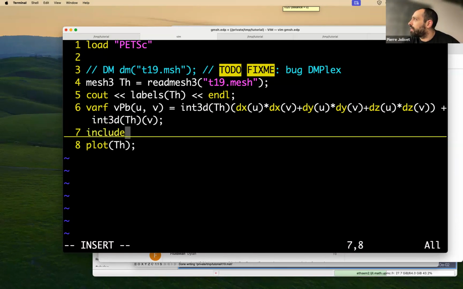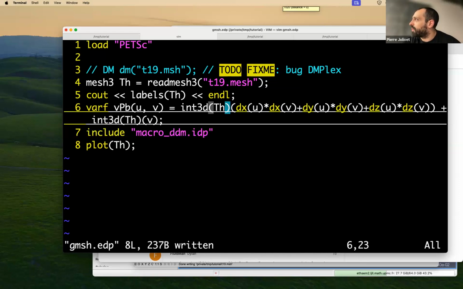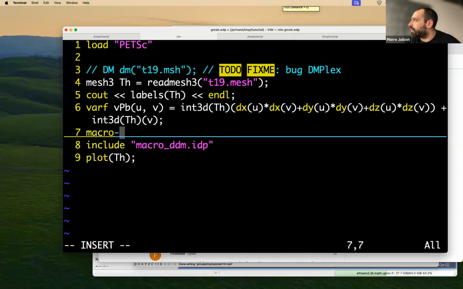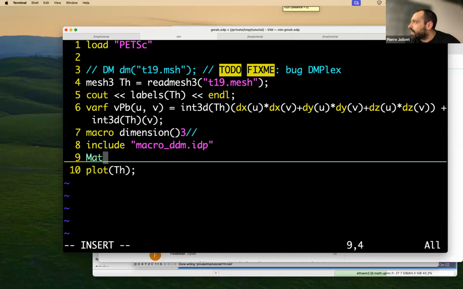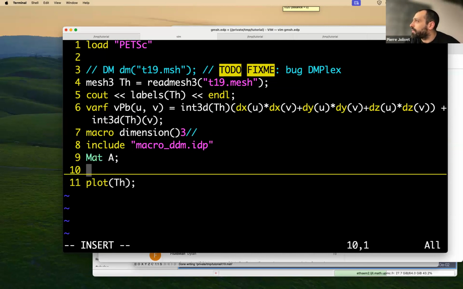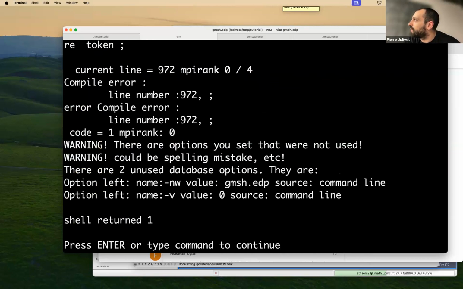Include macro_ddm. Okay, and so we have to specify before that the dimension of the problem is 3. By default, it's 2, so we don't need to specify this, but here it's 3. Then we do Mat A, create the matrix, Th, P1. Okay, so just making sure everything's okay.